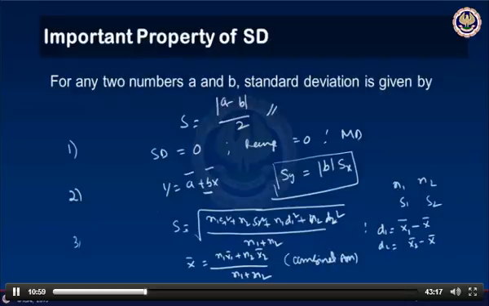This is the combined standard deviation. This is the combined arithmetic mean.